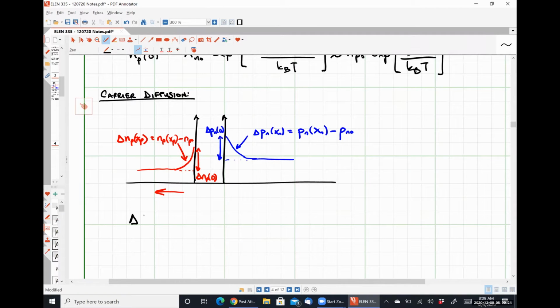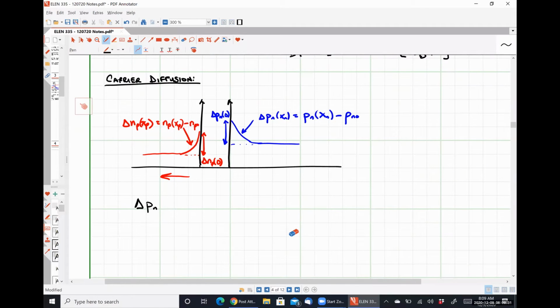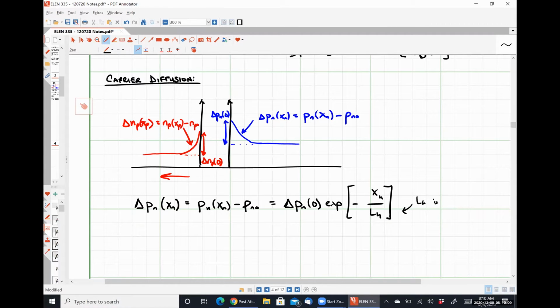Delta Pn as a function of xn is Pn(xn) minus Pn0, which is simply going to be delta Pn at 0 times exp of negative xn over Lp, where Lp is the mean free path for holes in the crystal.